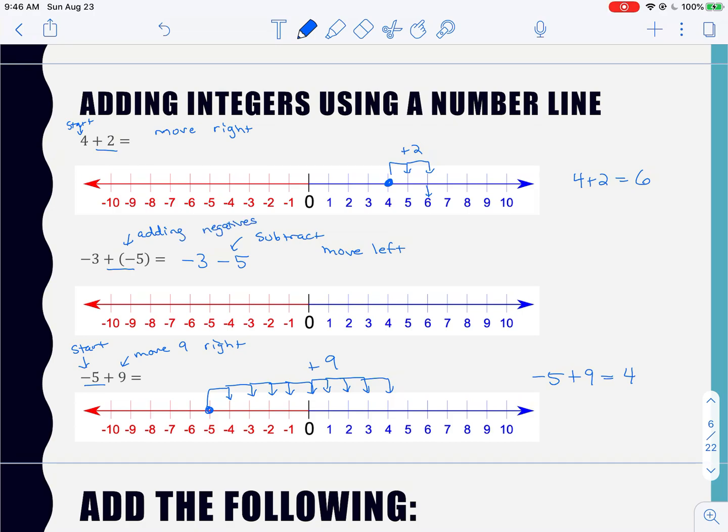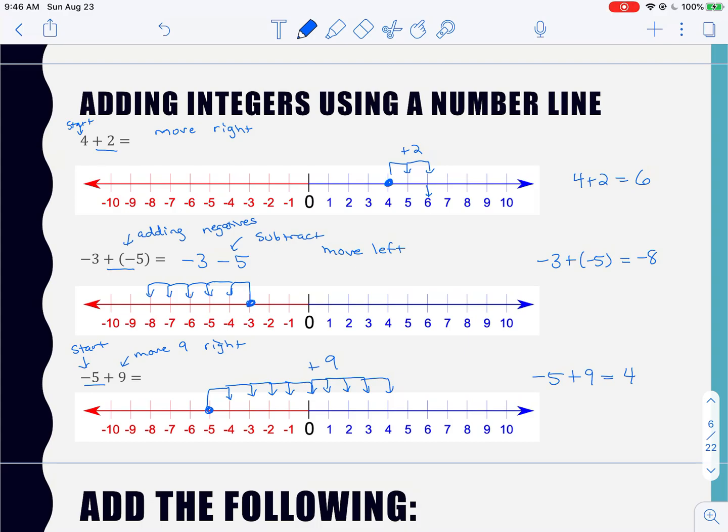You're moving to the left. So we're going to start at negative 3, and we are subtracting 5, or we're adding negative 5. So we're going to move 5 to the left. So 1, 2, 3, 4, 5, and we would end up at negative 8. So negative 3 plus negative 5 is going to give me negative 8.